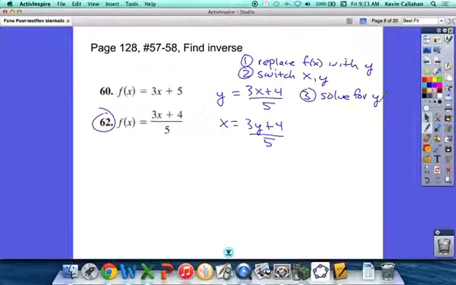So now that y is in the middle of the right-hand side, you have to solve for it. Multiply by 5. Subtract 4. Divide by 3.